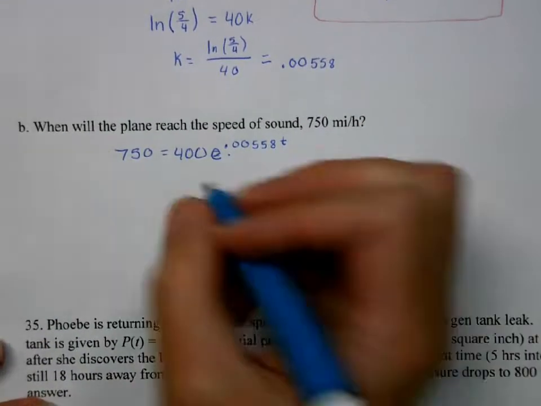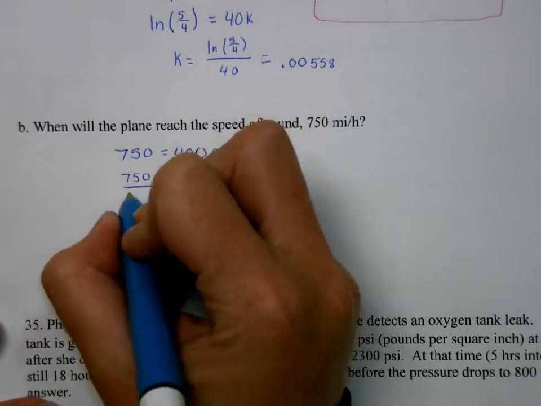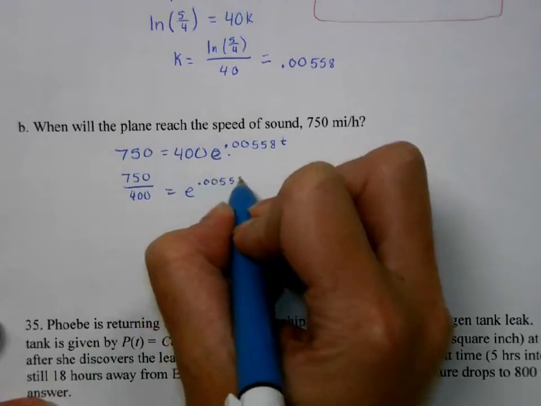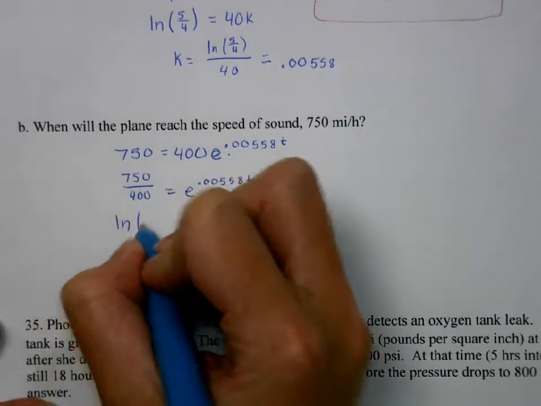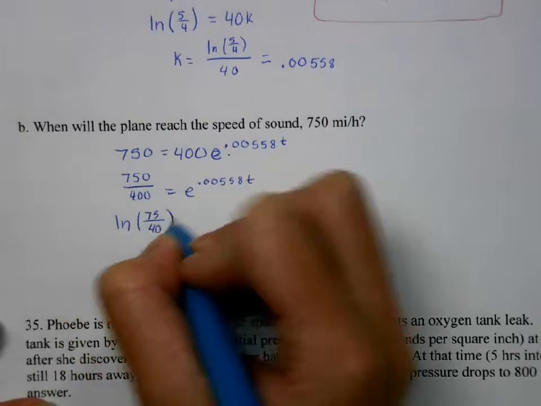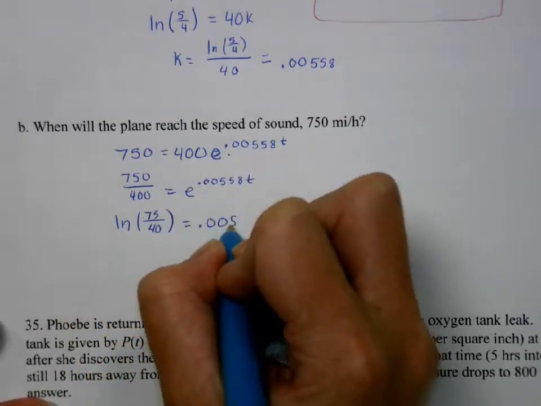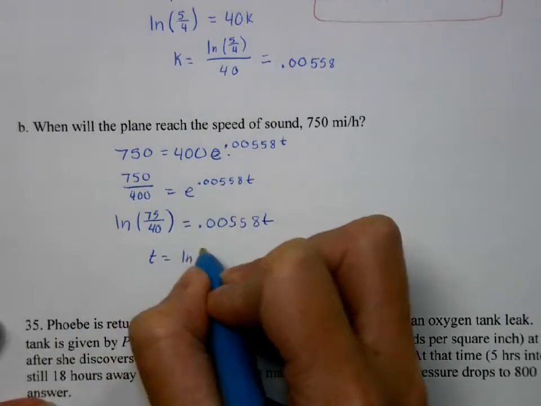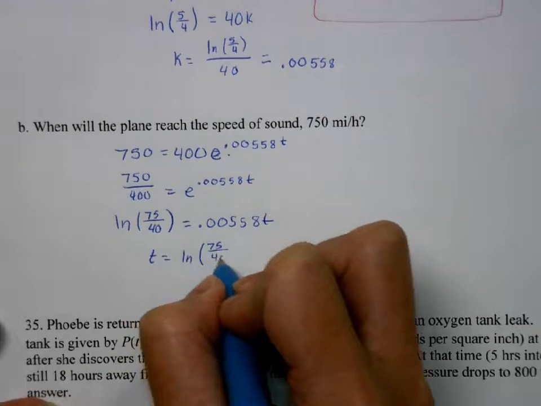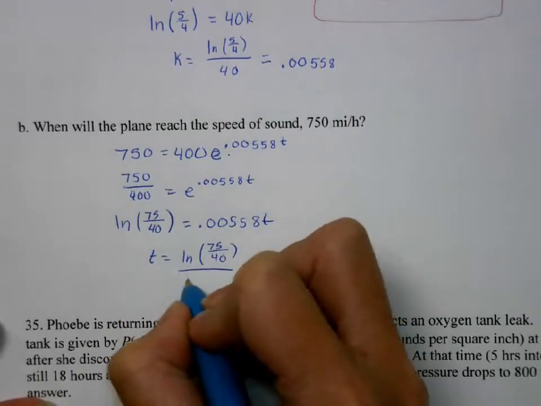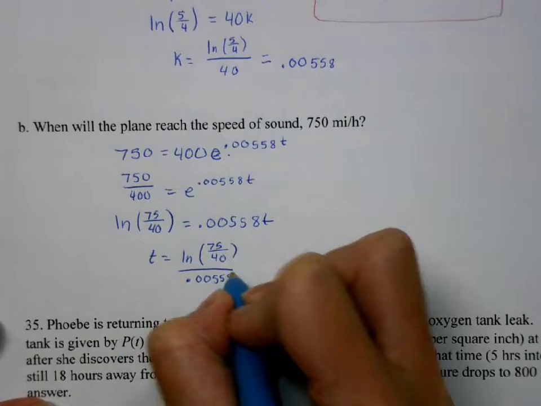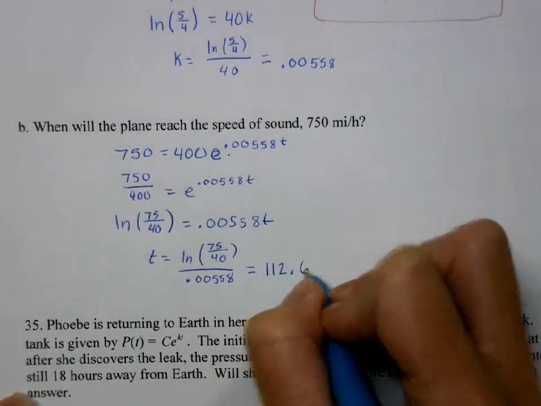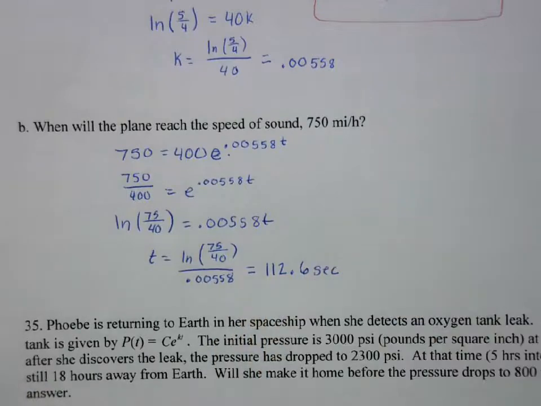So we'll divide, take the natural log, and then divide. So we're going to get 112.6 seconds. And rounding to the nearest tenth there is fine, or you can do 3 to be safe.